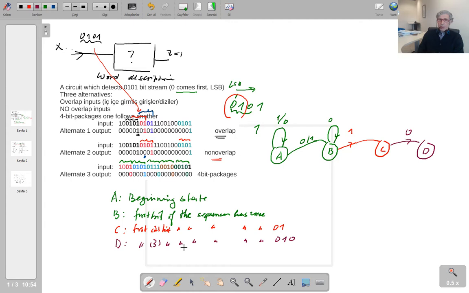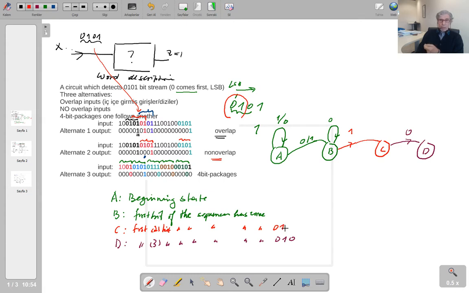Okay. So what happens if 1 comes in state C? We missed that. So when 0 comes, you came to D, right? If 1 comes in, let me use red again. When you are in this state, that means 0, 1 already came.